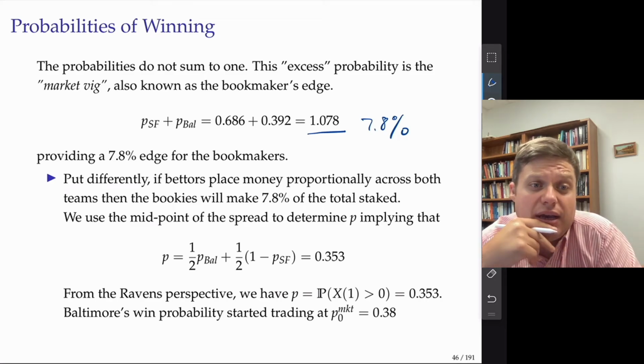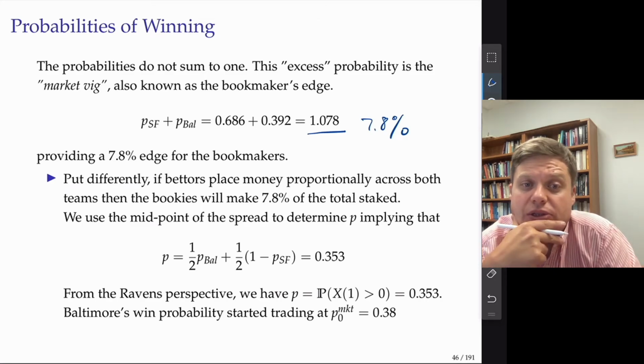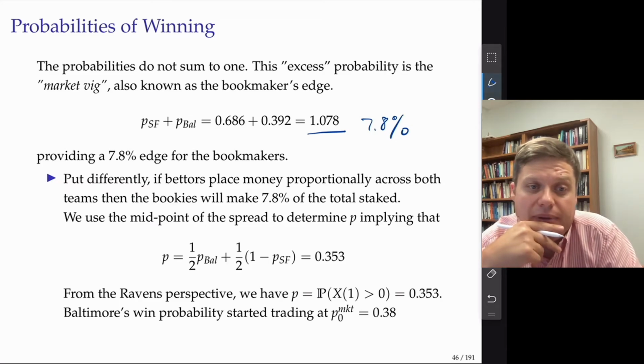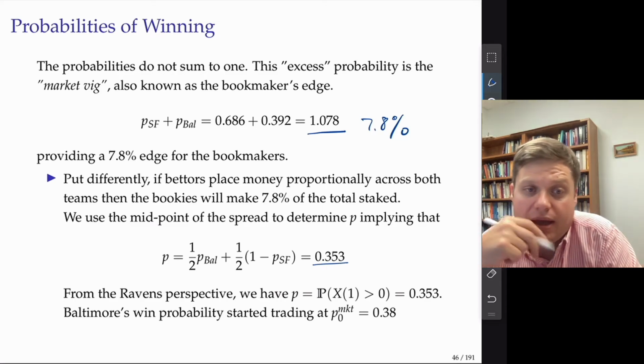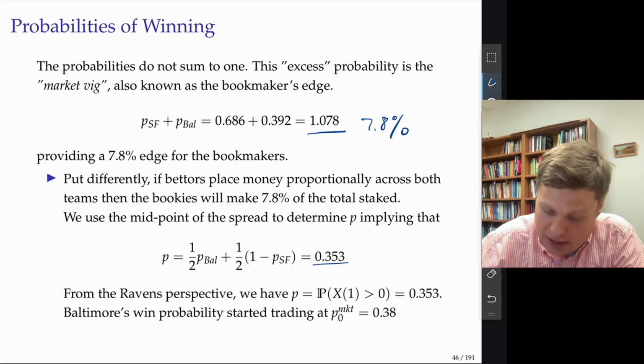We're going to use the midpoint of the spread to determine P, implying a 1/2 probability that Baltimore wins, times 1/2 that 1 minus probability San Francisco wins is 0.3. From the Ravens perspective, we have the probability that X1 is greater than 0 is 0.35.